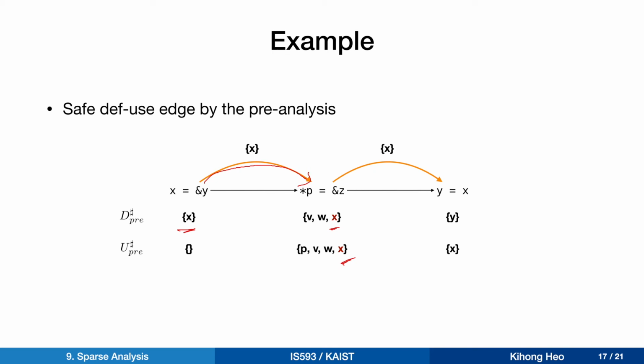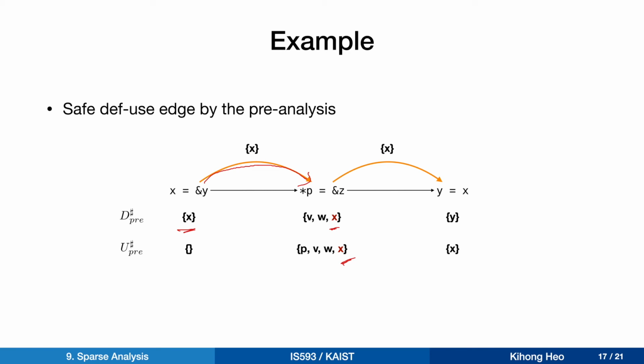Again, notice that the over-approximation of the pre-analysis just determines the sparsity, not the precision and soundness. If you have a very imprecise result, the sparse analysis will work the same as the original non-sparse version.